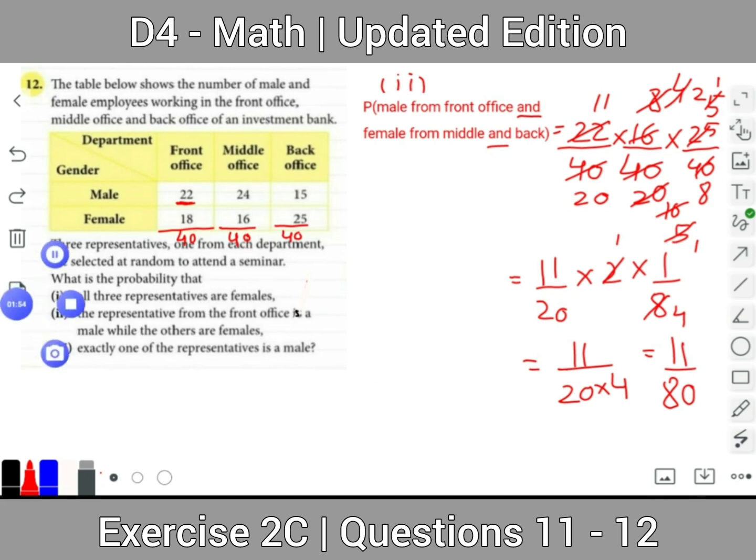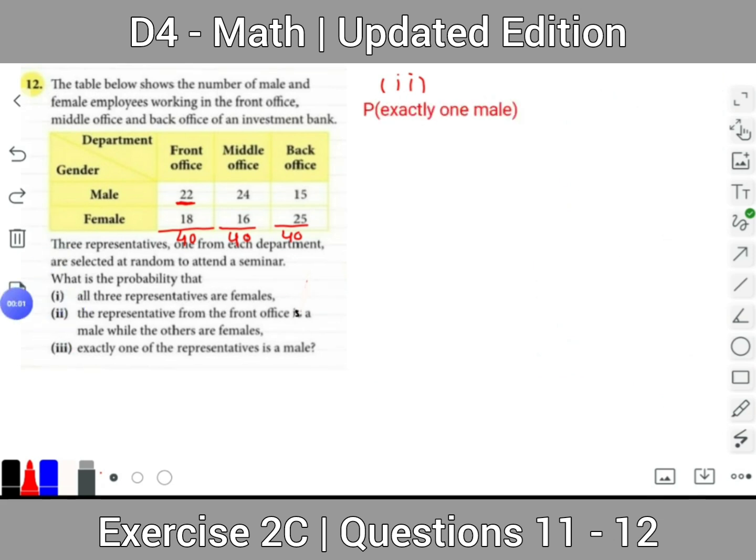Now in part 3, we have to find out the probability that exactly one of the representatives is a male. So we can here have the 3 possibilities.